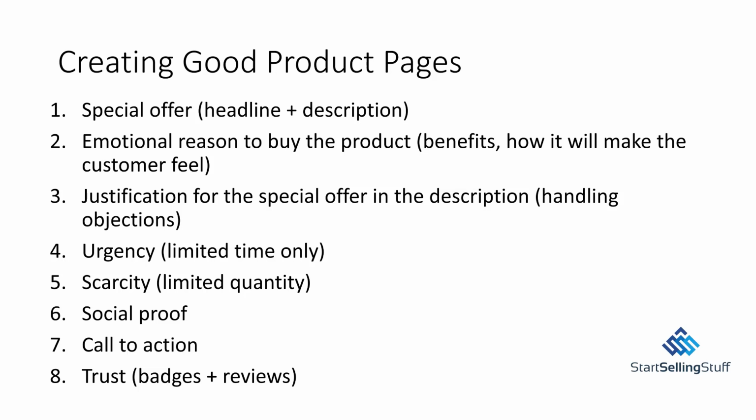Number 6 is social proof. Nobody wants to be the only person buying something. And when you're on an online store, there's nobody else that you can see in there buying it. So you don't have any social proof in terms of other people are taking this off the shelf, so I'll do it too. It must be good if other people are buying it. You don't know that.